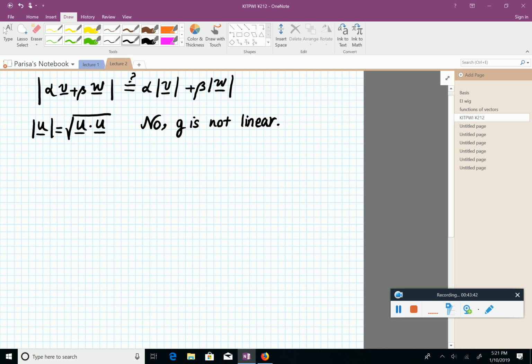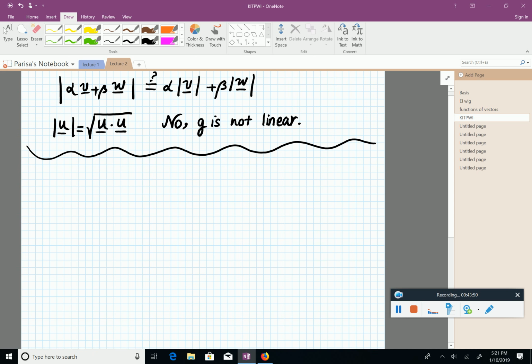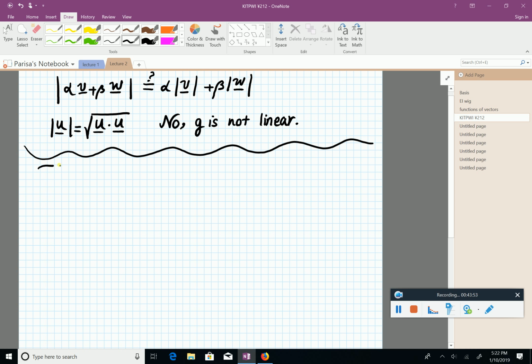So the last thing about the scalar valued functions of a vector is a theorem which we don't prove, but we just state here.